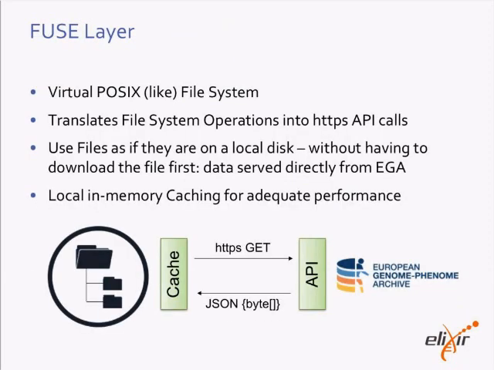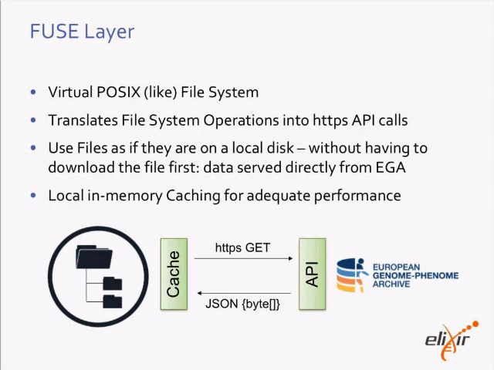So what that means is a FUSE layer essentially is a virtual POSIX-like file system. The data is hosted at EGA, but what you see in your local system when you start the FUSE layer is just a directory. It's a folder, and there are files in that folder.